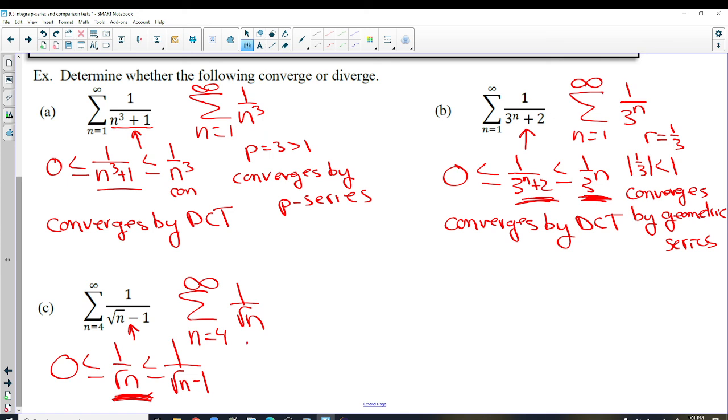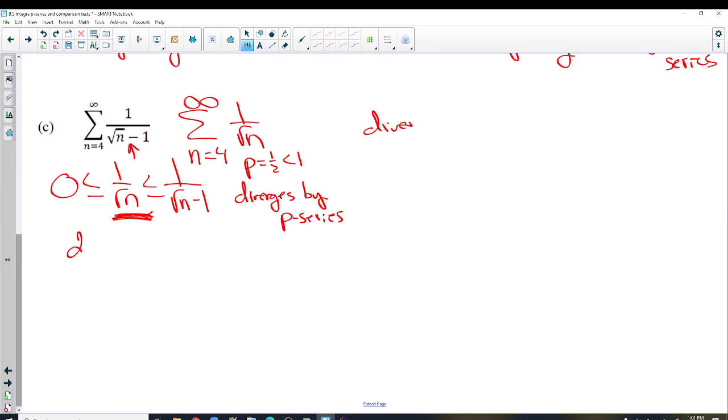All right, well, p is equal to 1/2, which is less than 1. So this diverges by p series. So our original diverges by the direct comparison test.